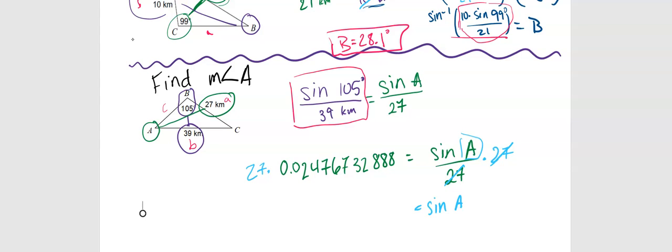I'm just going to now multiply it by 27. When I do that, here's the decimal that I end up with: 0.668717897. Oh gosh.